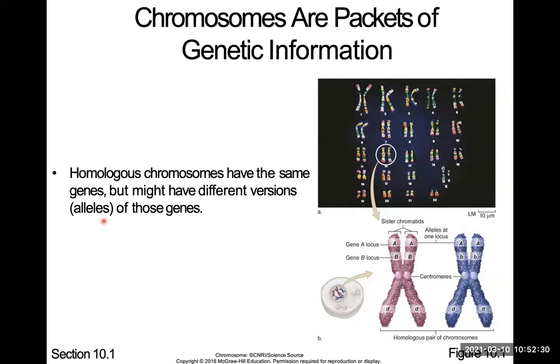Allele is a different version of a gene. Homologous chromosomes are going to be the same length, and they're going to have the same genes, pretty much in the same locations as well. You're going to see this word locus. Locus is the physical location of the gene. So locus means physical location, where it's located on the chromosome.